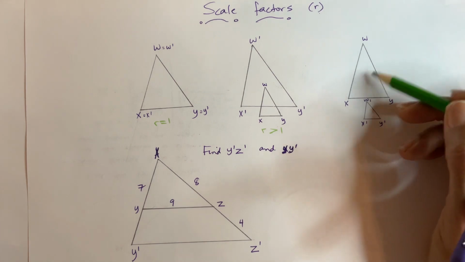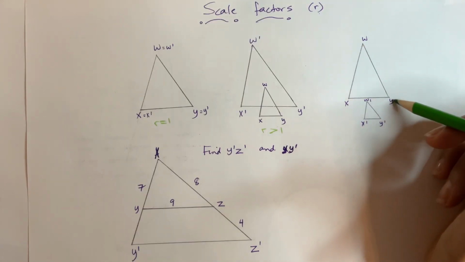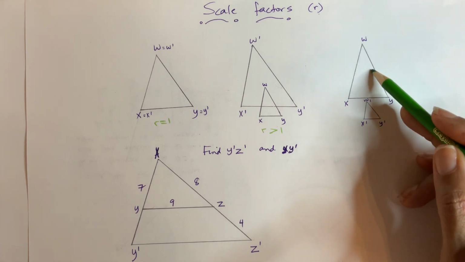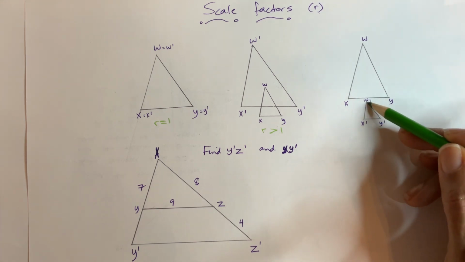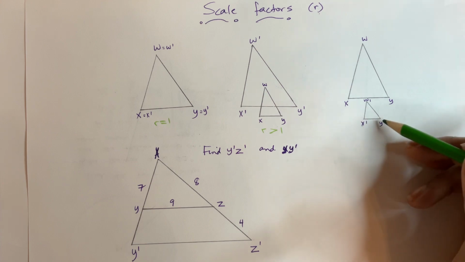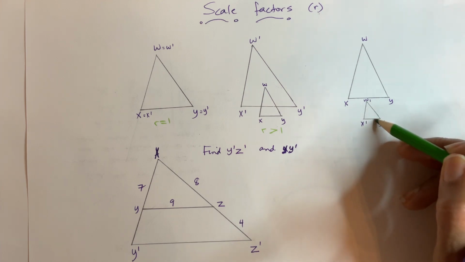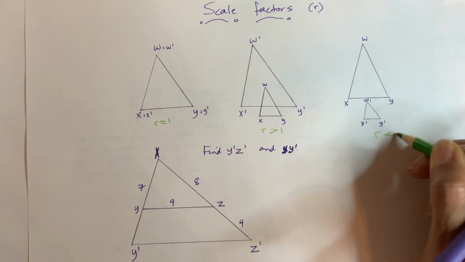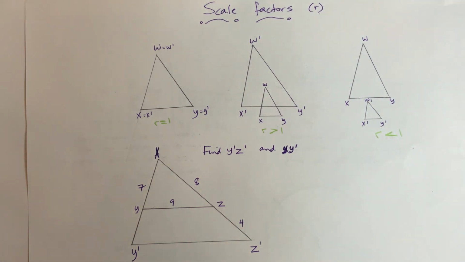And in the third figure, our WXY is this regular one, and our W prime, X prime, and Y prime is our smaller figure. So here we know that our scale factor is going to be less than 1. It is smaller.